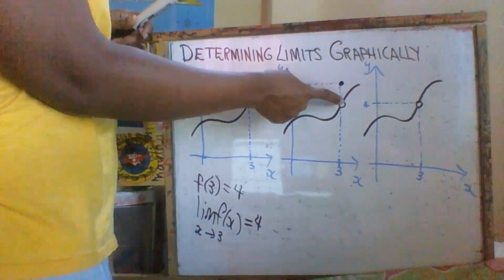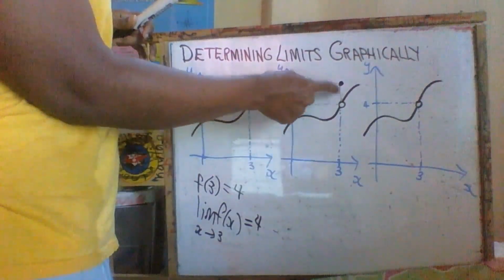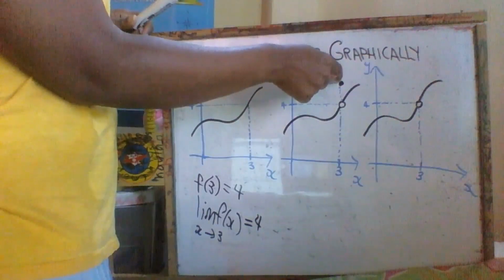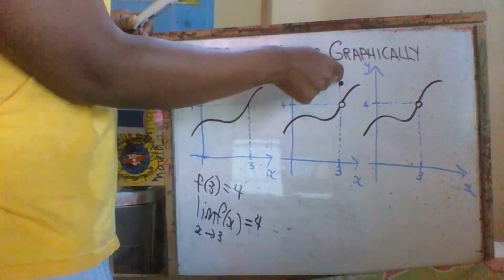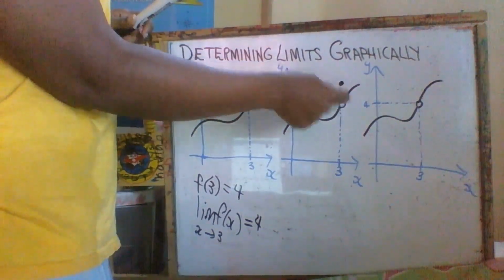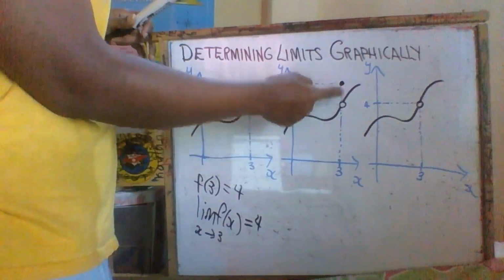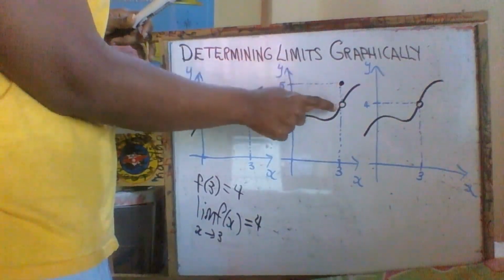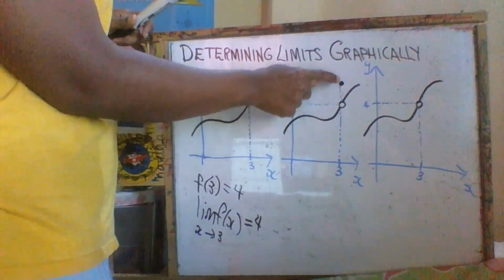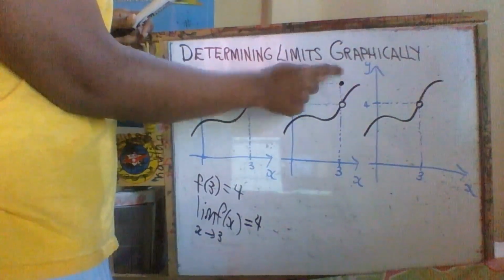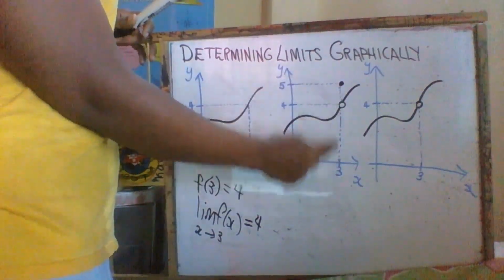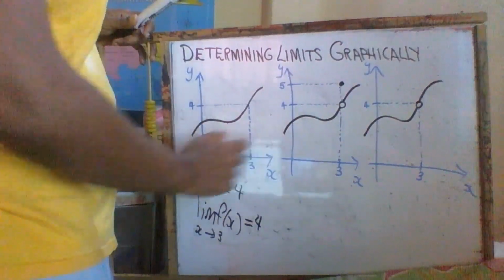There's a hole right there at x equals 3. We expected a solid curve, but we find that there's a hole there. And then there is a dot right above it, at the same x value, x equals 3.